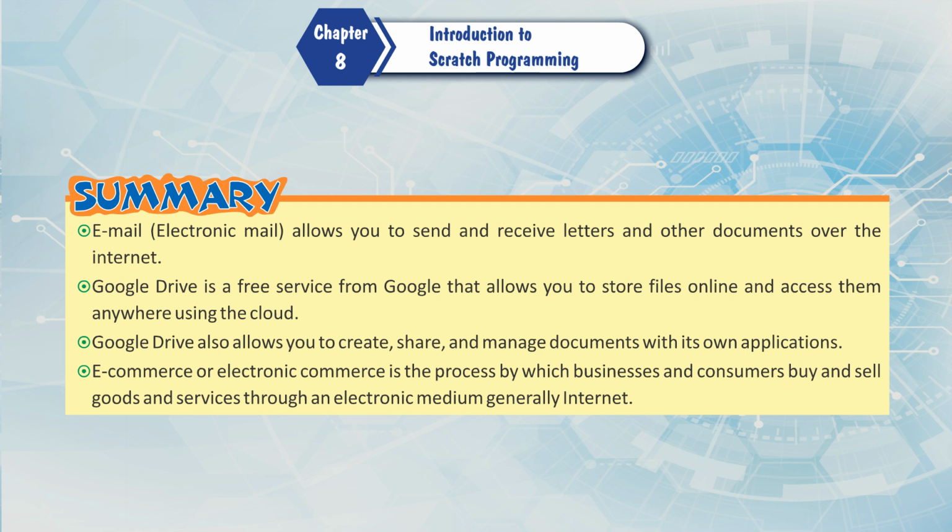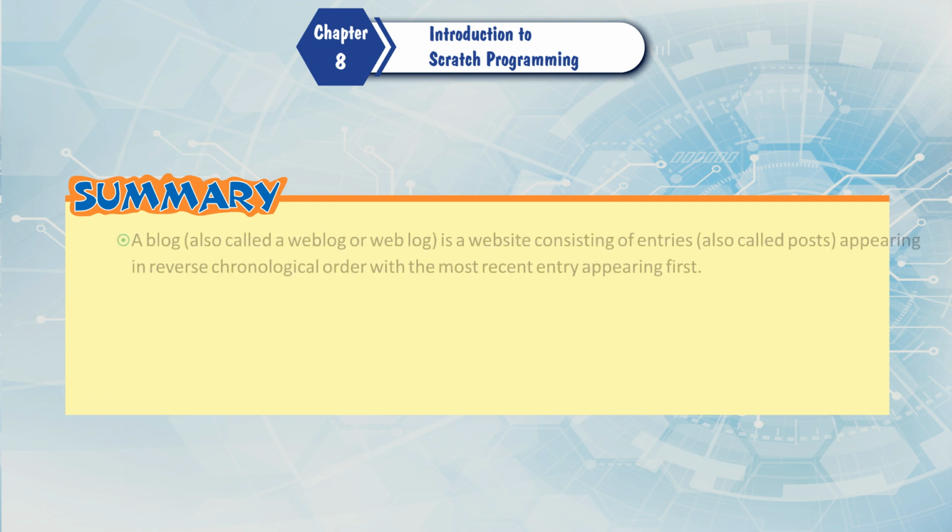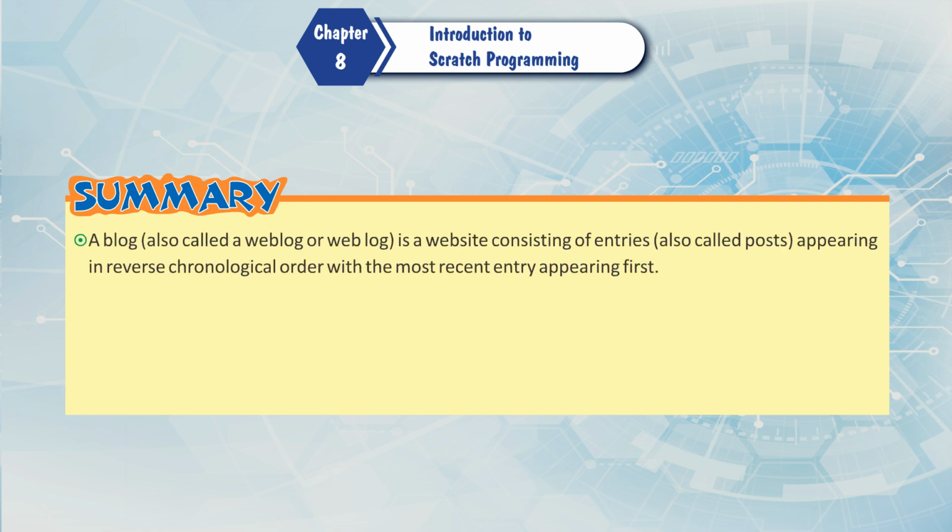E-commerce or electronic commerce is a process by which businesses and consumers buy and sell goods and services through an electronic medium, generally the internet. A blog, also called a weblog, is a website consisting of entries, also called posts, appearing in reverse chronological order with the most recent entry appearing first.